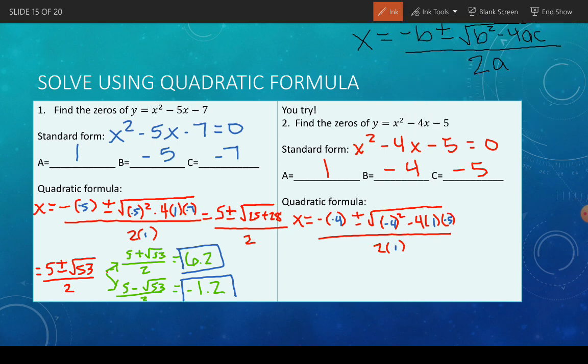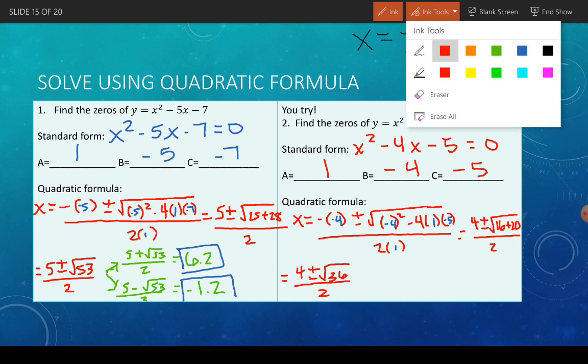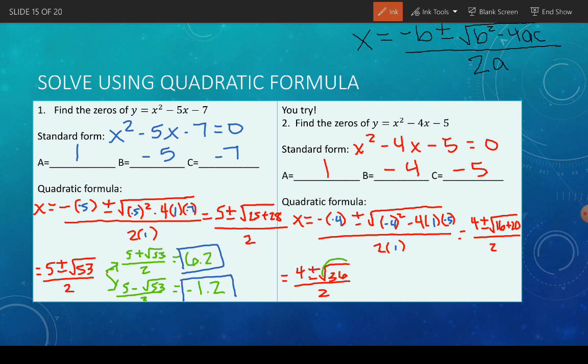So this simplifies to 4 plus or minus the square root of 16 plus 20, all over 2. Okay, so this equals 4 plus or minus the square root of 36 divided by 2. Turns out that the square root of 36 is a perfect square, so that is equal to 6.